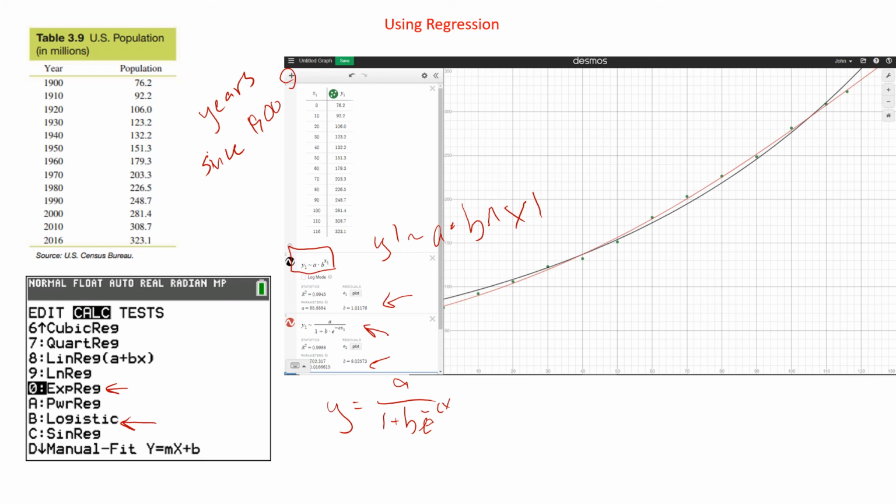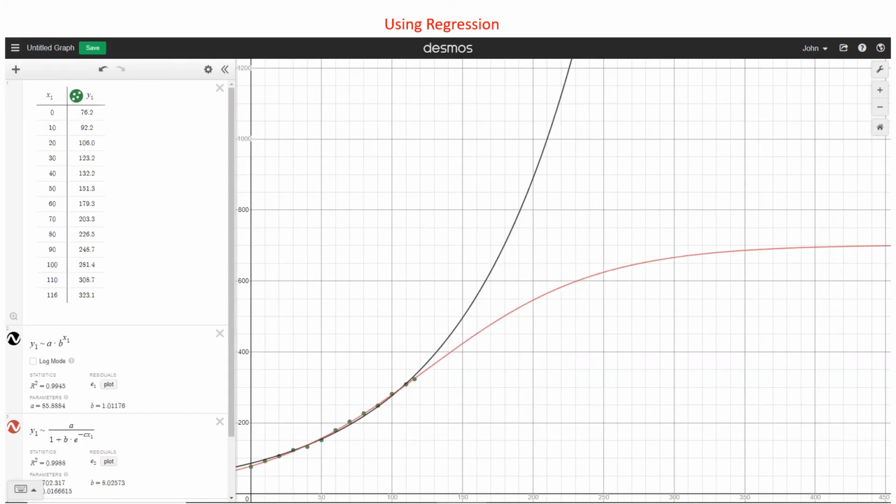What model would we want to use? Is the population going to keep growing exponentially? Or is it going to hit a logistic curve? So if we zoom out on this graph, I zoomed out, so now this is kind of where the window was. We zoom out, the exponential curve is going to keep rising exponentially.